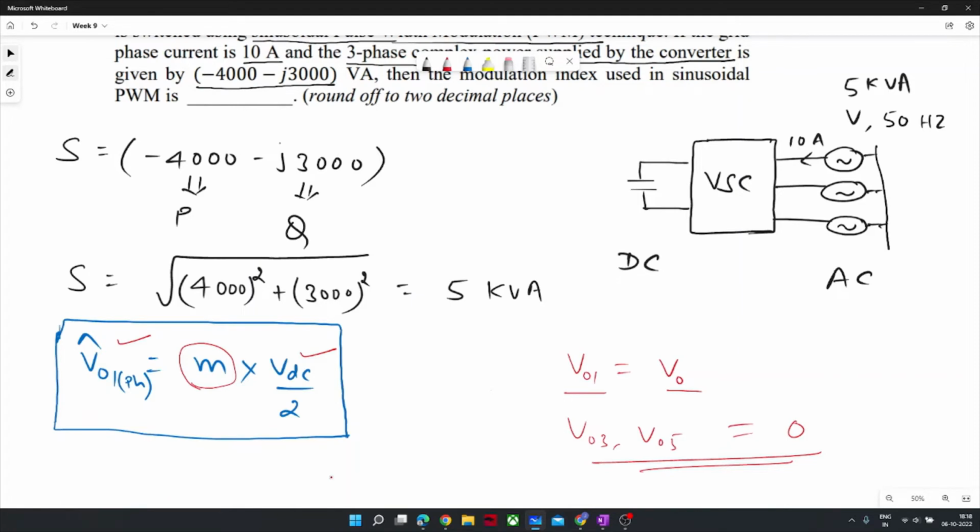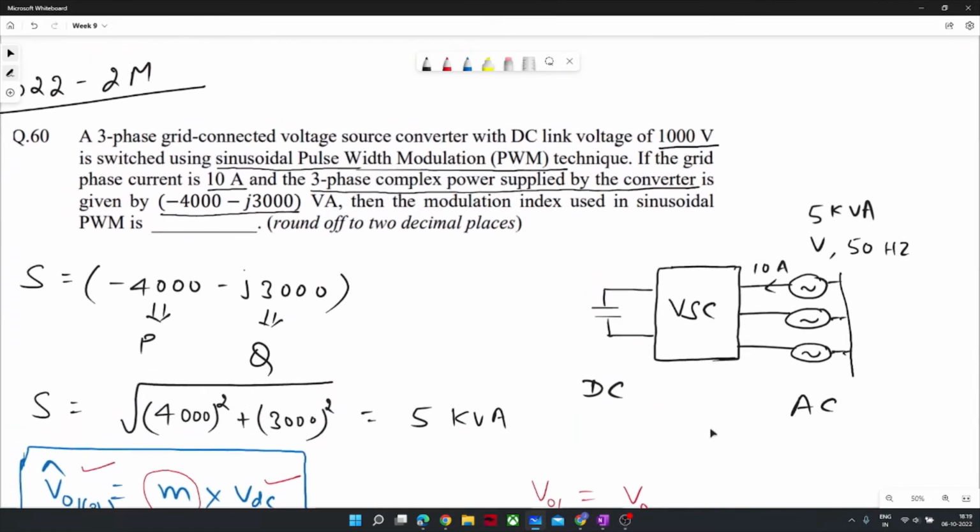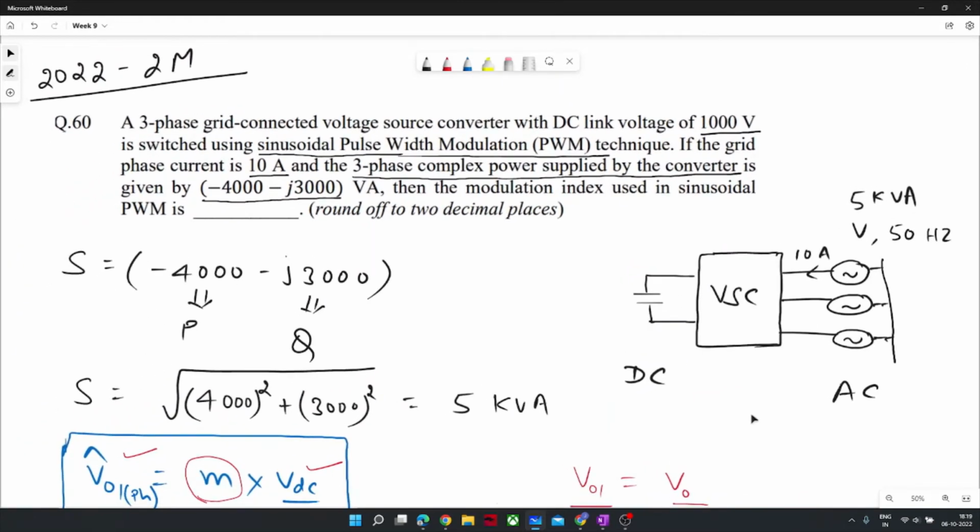And so let me compute the voltage value here. So S is equal to root 3 VL RMS IL RMS. So 4000 is equal to root 3 VL into IL, which will be equal to the phase current. Generally, if nothing is mentioned, you have to assume that it is connected in a star.